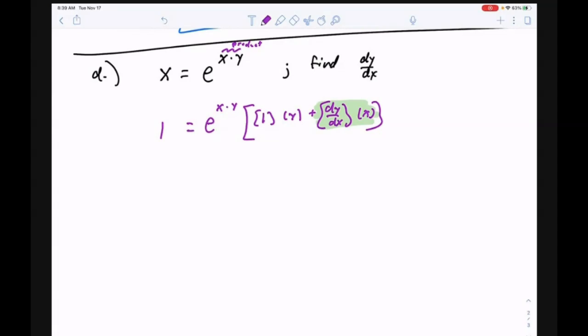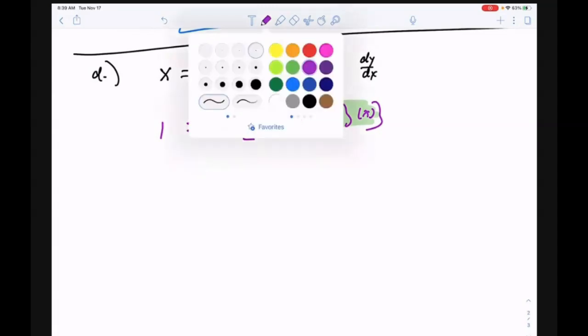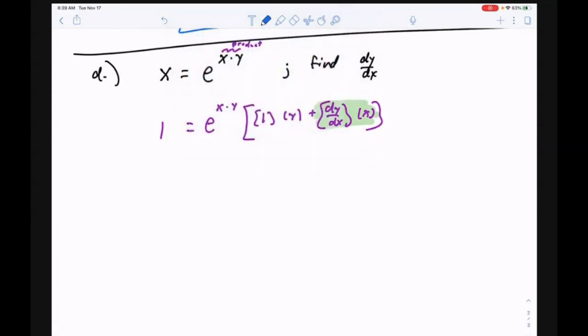No. It's going to be x dy dx. There's no derivatives. We've already done derivatives. Yeah, so you divide by your e to the power of x times y.